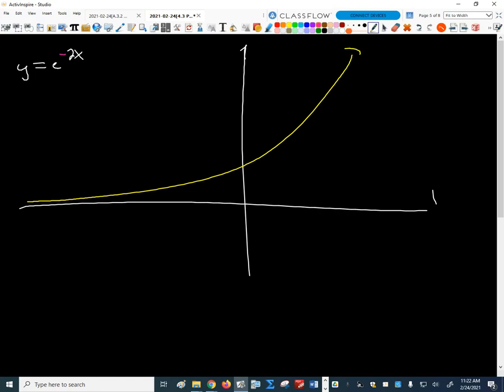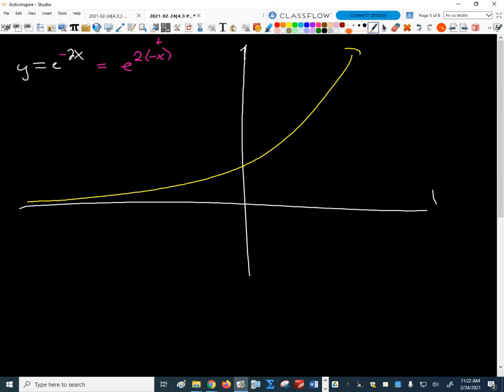Aren't I effectively just multiplying the input value by negative 1 there? Would everybody agree? That's the same thing as saying e to the 2 times negative x. So I'm just replacing the x with a negative x, multiplying the x by negative 1. Same thing, right? What does that do in terms of a transformation?